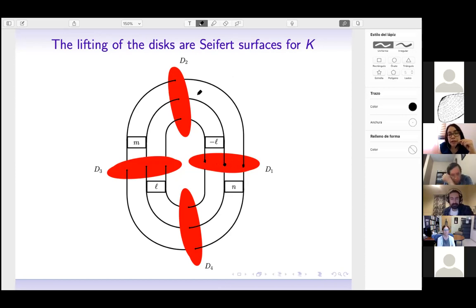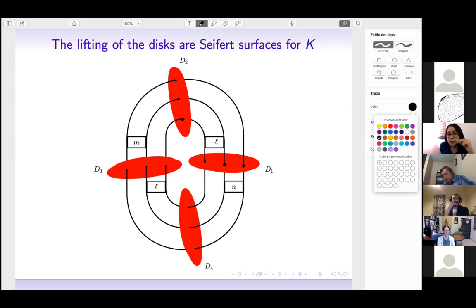So it has to lead to a genus 1 surface, and the boundary is K, so they are genus 1 Seifert surfaces for our knot. And also note that each of these Seifert surfaces is non-isotopic to each other.